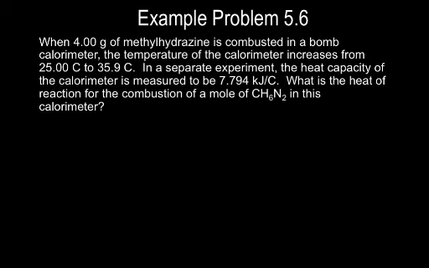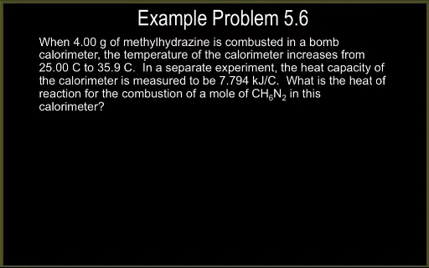So let's look at what one of these looks like. This one says we have 4 grams of methylhydrazine. Now the other thing that's different here is the amount of energy that's released is for whatever gets actually burned in that bomb calorimeter. So the amount of energy released for this data is for that 4 grams.